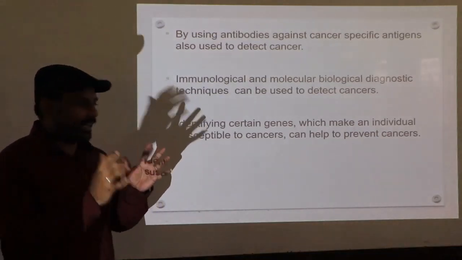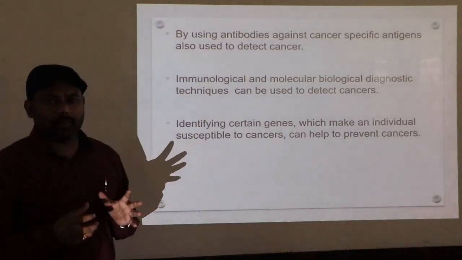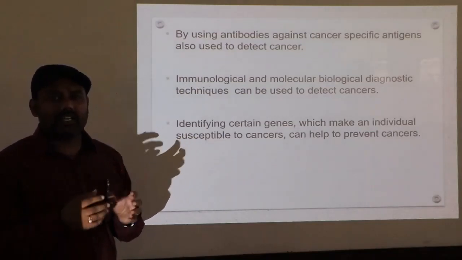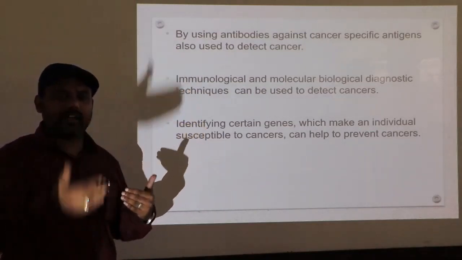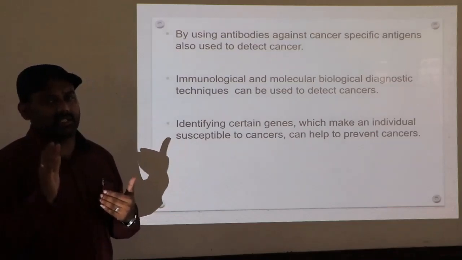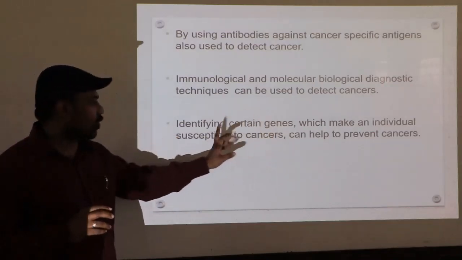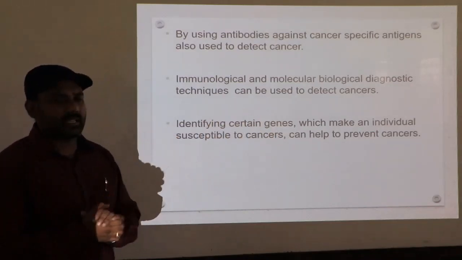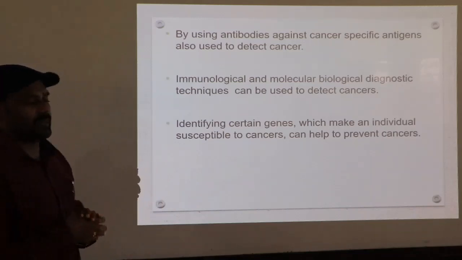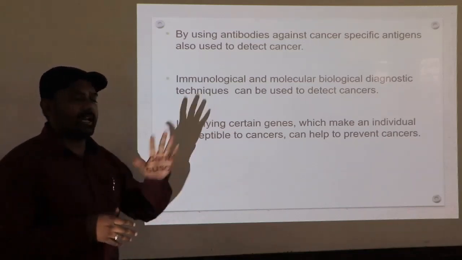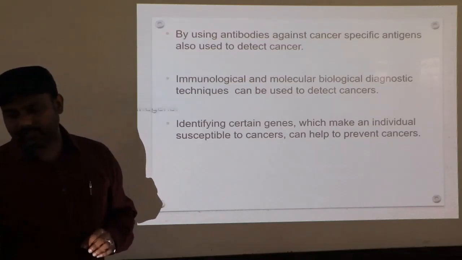So in suspected people, we need to make them aware to avoid those carcinogenic agents to prevent cancer. This is what identifying certain genes in our body which can make individuals susceptible to cancers can help to prevent cancer.